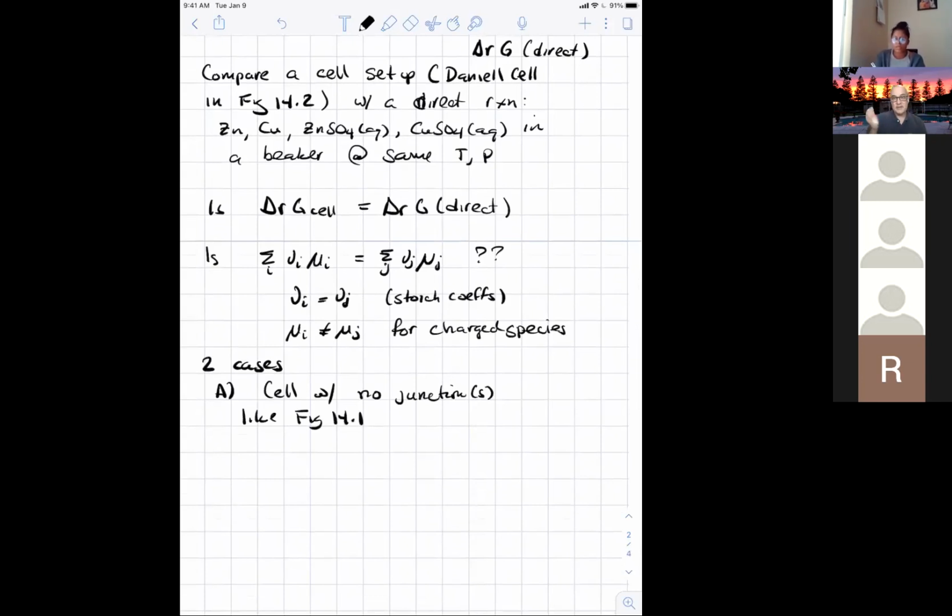Where we just have the two cells across the same solution from each other. Okay, in this case, when all the ions are in the same solution phase, the field between the two electrodes is uniform.